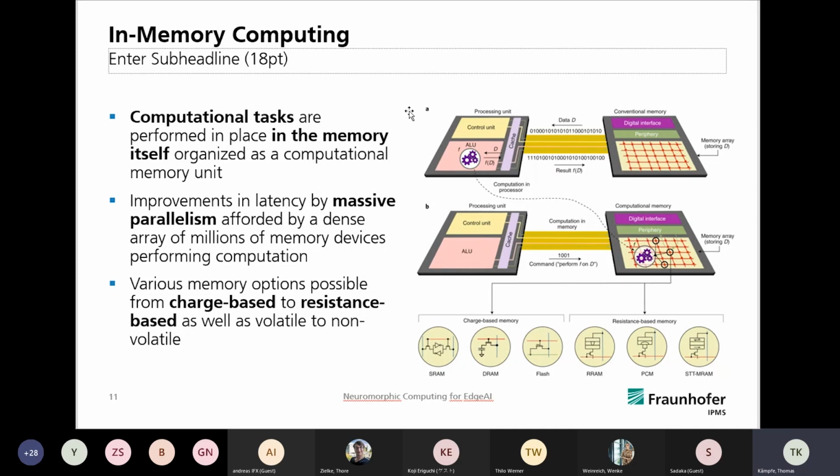Besides alleviating the costs and latency and energy associated with data movement, in-memory computing also has the potential to significantly improve the computational time complexity associated with computational tasks. This arises mostly from the massive parallelism afforded by a dense array of millions of memory devices performing the computation.